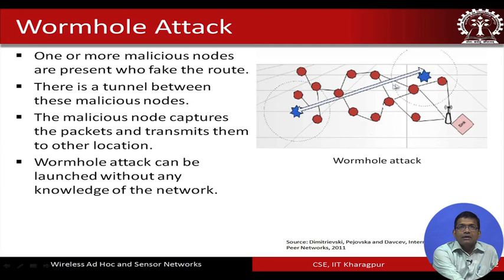It is going to tunnel that data away from the network to another node, which is the other part of this malicious entity. So, basically, through a tunnel, it is going to siphon the data out of the network.